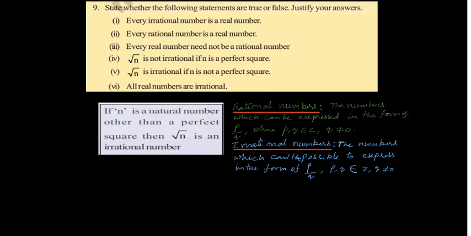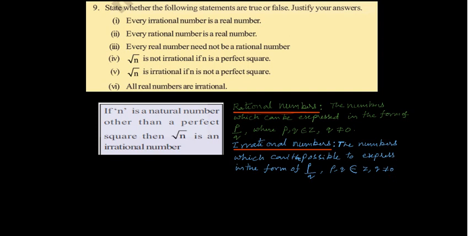What do you say about irrational numbers? The numbers which cannot be expressed in the form of p by q, where p, q belong to Z, q not equal to 0. That means if a number can be written in p by q form it is rational, if it cannot be written in p by q form it is irrational. We should remember these two statements.